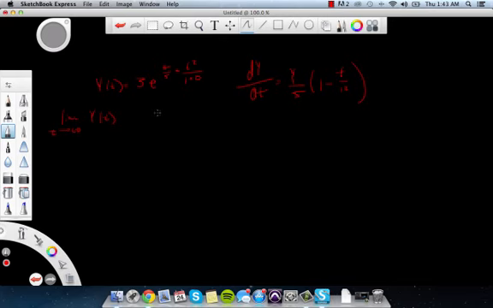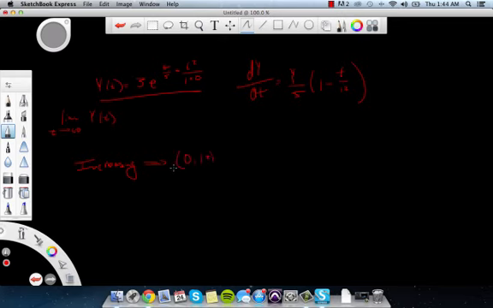If you look at where this function is increasing and decreasing according to its derivative, it's increasing from 0 to 12.